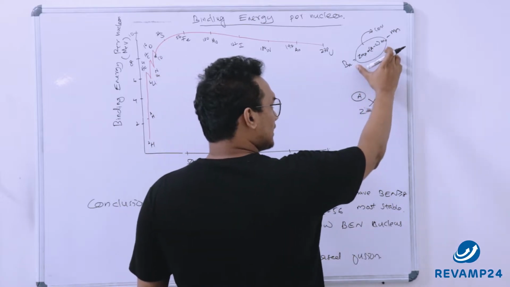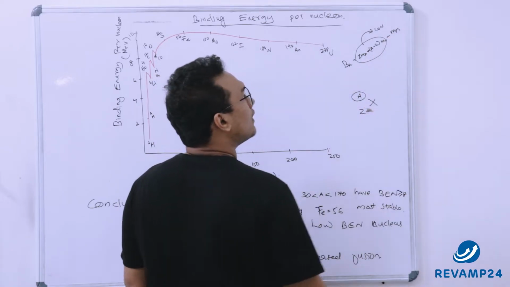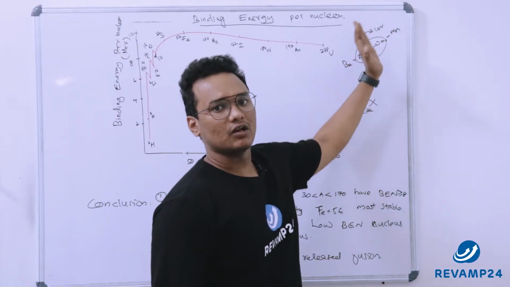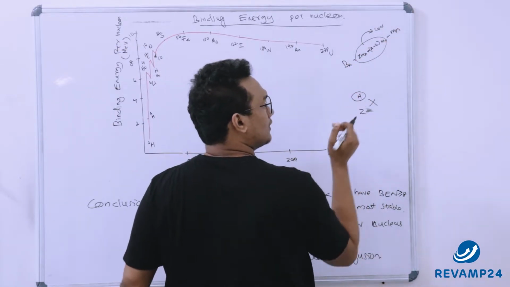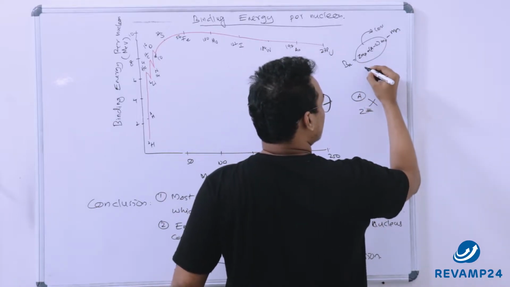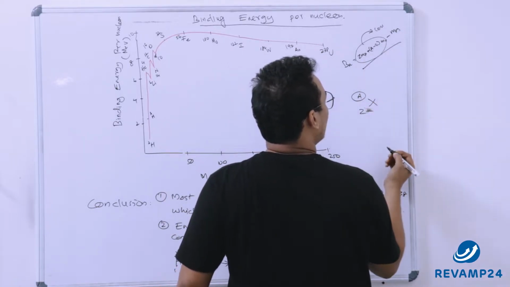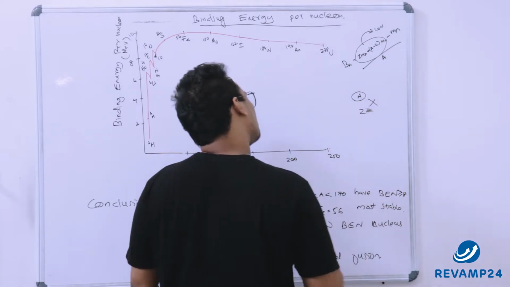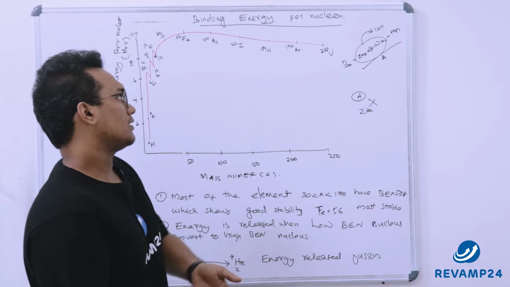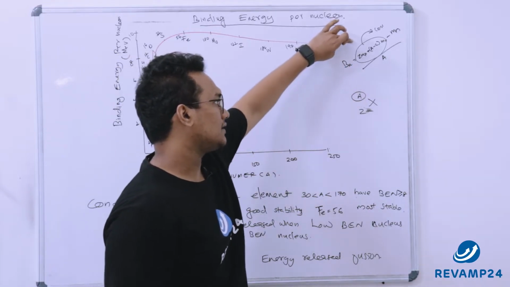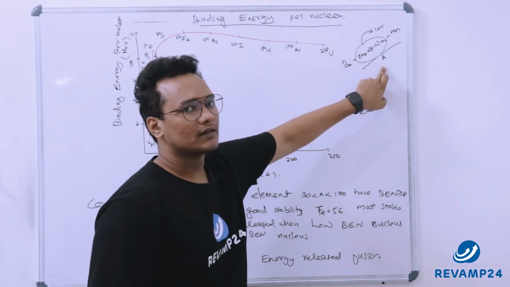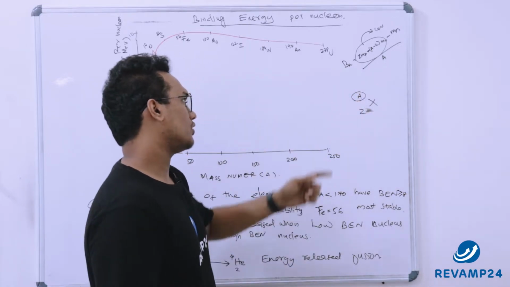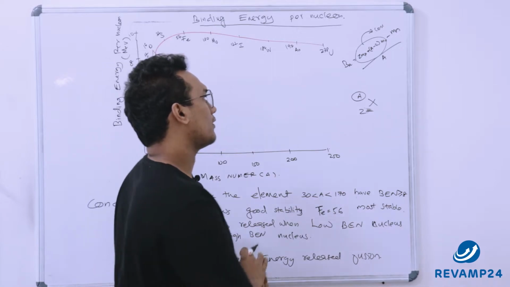So they combine and form a nucleus, and there is a loss in mass that we get as mass defect on subtraction of these two, divided by the total number of nucleons, would be binding energy per nucleon. This is a very important concept. Mass defect divided by the total number of nucleons, that is mass number, would be binding energy per nucleon.